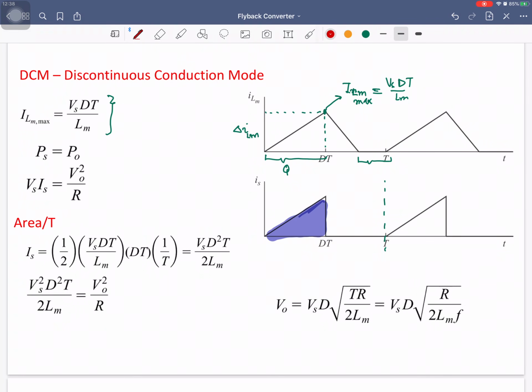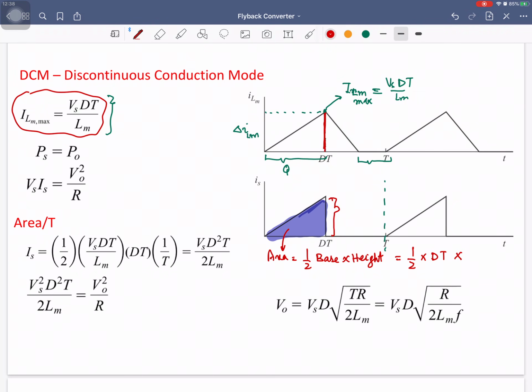As it is a triangle, the area over here can be calculated as half base into height. So what is the base? Base is dt, half base, that is dt, and what is the height? The height is equal to IL max from this equation.